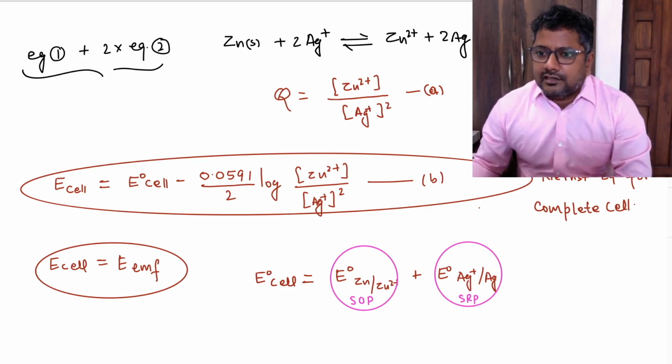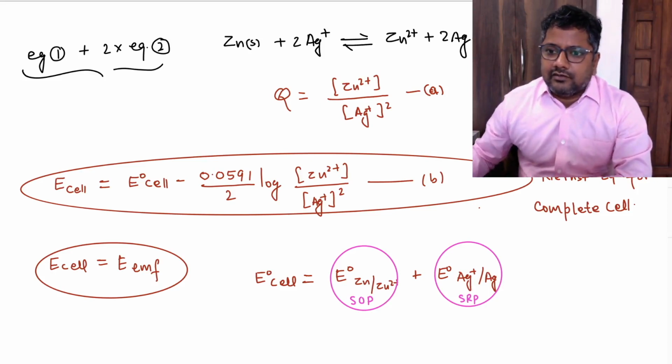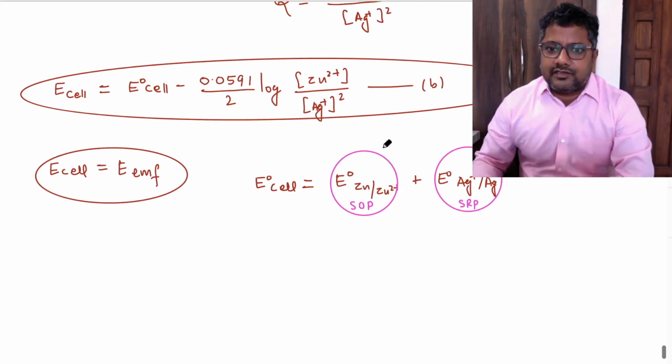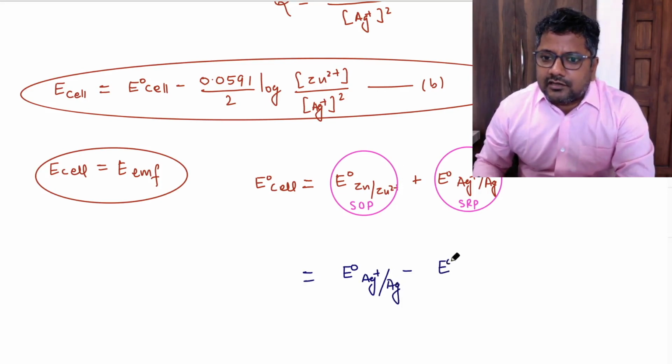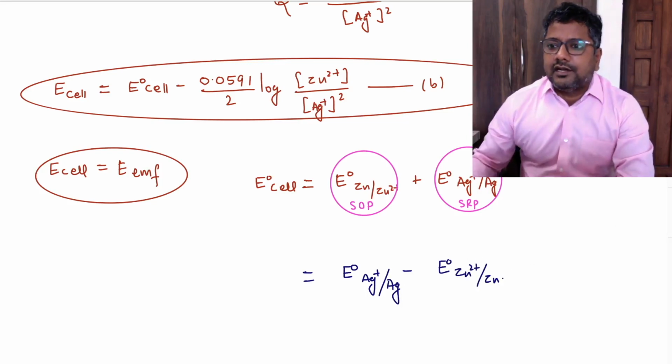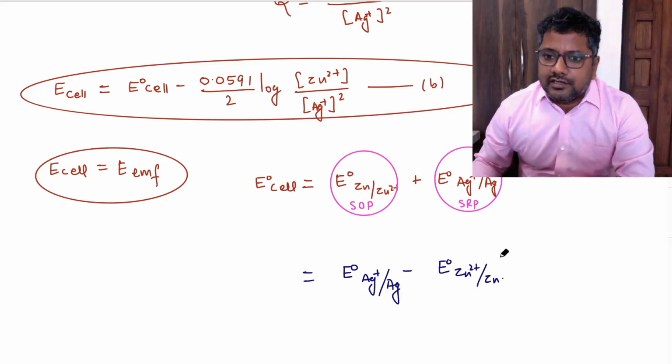We can write this equation in one more way. E naught of Ag+ oblique Ag minus E naught of Zn2+ by Zn.